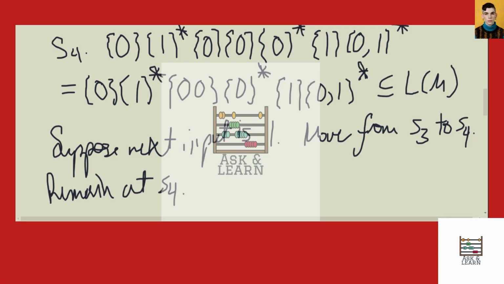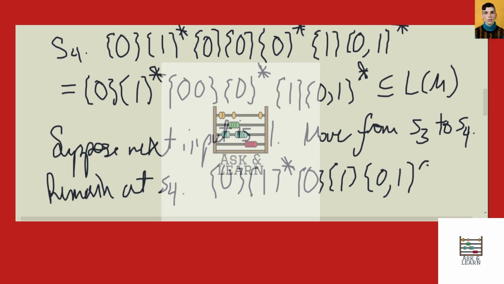And so strings belong to this set 0, 1 star, 0, and then the next input is a 1, so we have a 1. And then after that, we can have any input, so 0, 1 star.